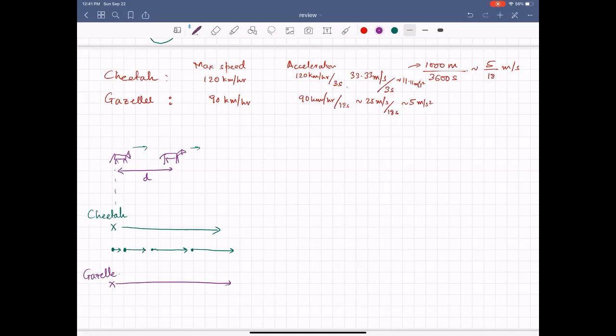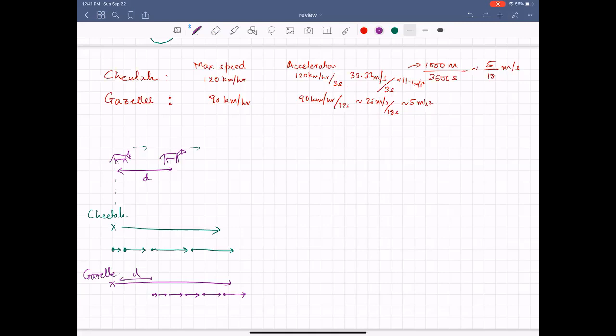So the reference frame is the same, but this time the gazelle is starting some distance d away. It also starts accelerating, but its acceleration is slower, so the arrow lengths increase at a slower rate. That's what the motion maps look like.